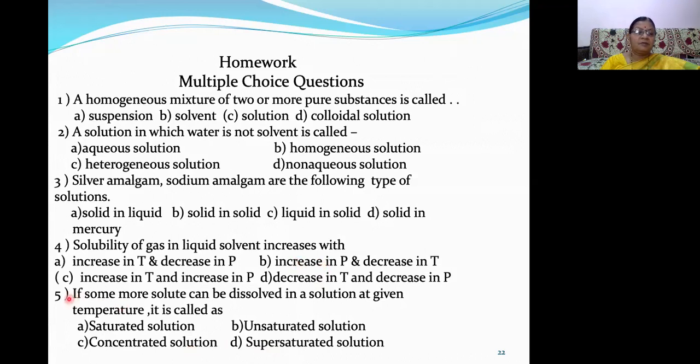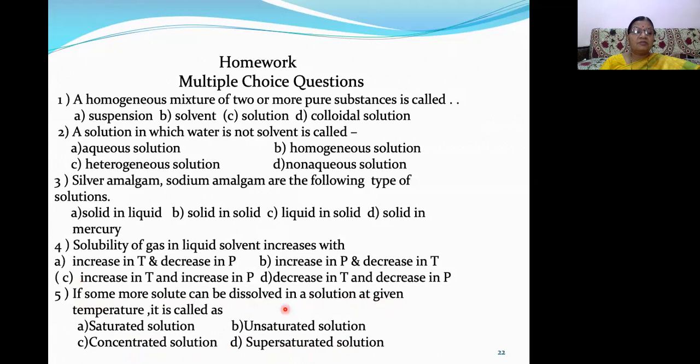Next, that is the fifth question. If some more solute can be dissolved in a solution at a given temperature, it is called as: the first option is saturated solution, unsaturated solution, concentrated solution, and supersaturated solution. Read the question again.